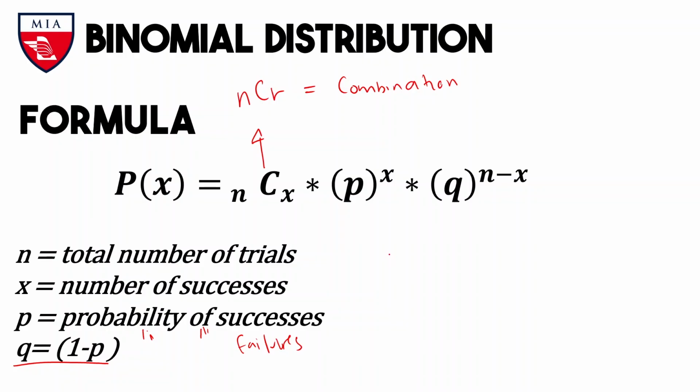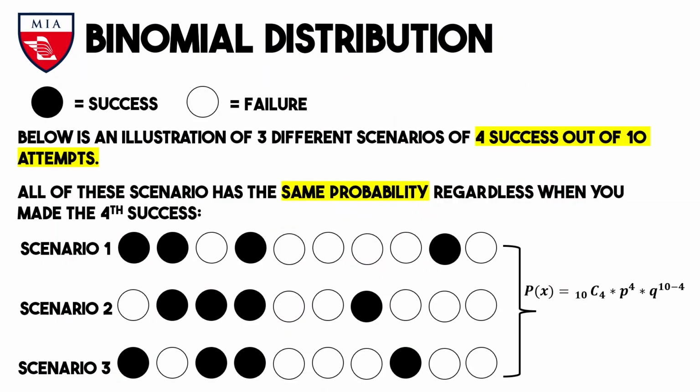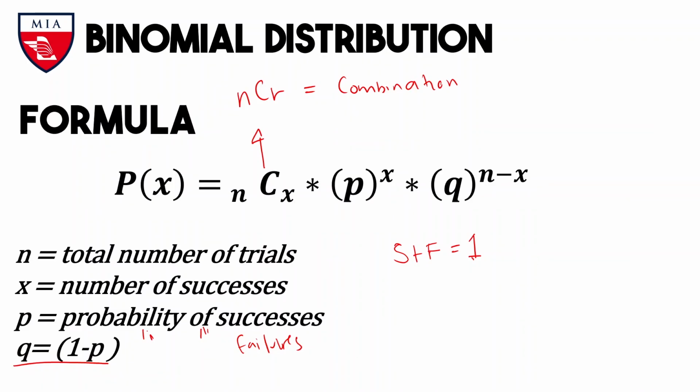If you add the total probability of successes plus the total probability of failures, it is equal to 1. So how can we prove it? Based on this visual representation, we have 10 chances. We have 4 successes and 6 failures. If we add them, we have a total of 10. It means the total probability of successes plus the total probability of failures will be equal to 1.